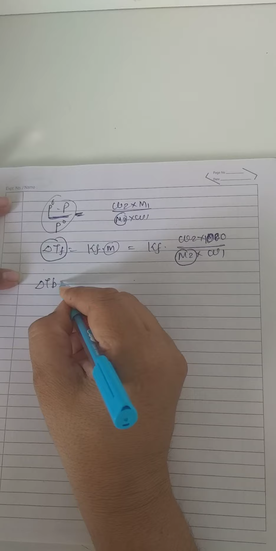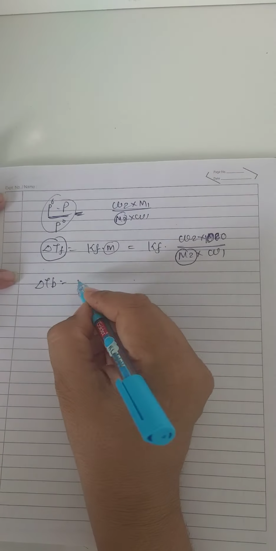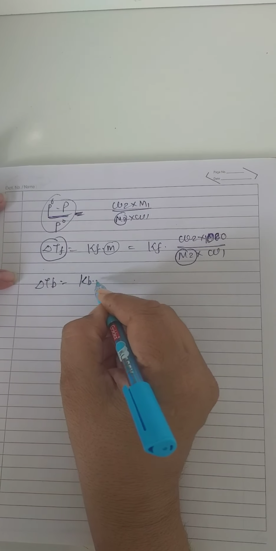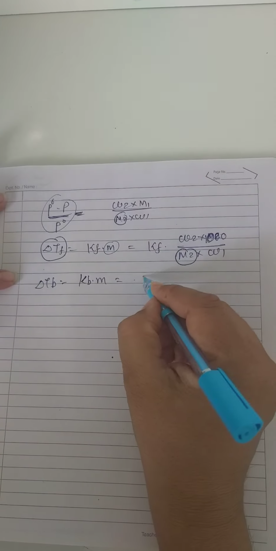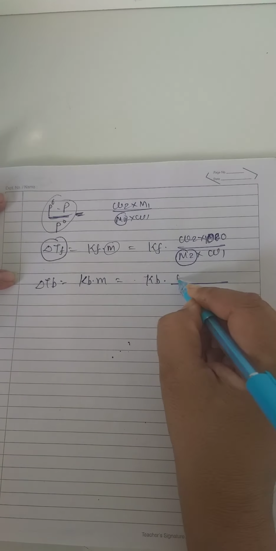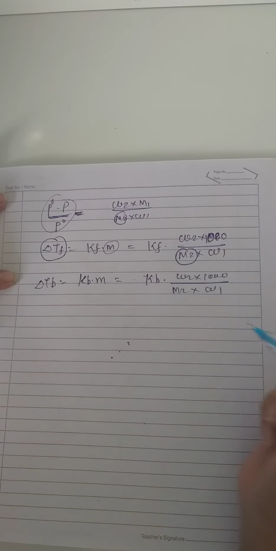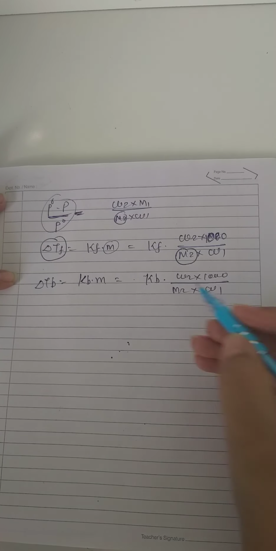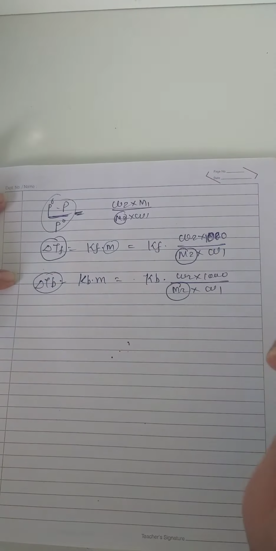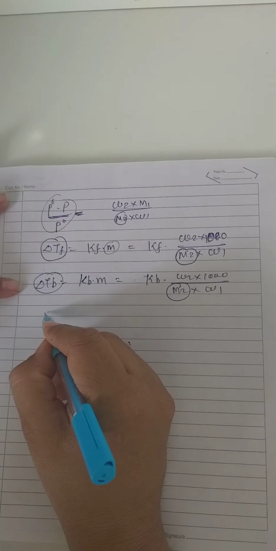Same for delta Tb. Delta Tb is Kb into m. If we substitute the molality formula, W2 into 1000 upon M2 into W1, again it is inversely proportional to the molecular mass.